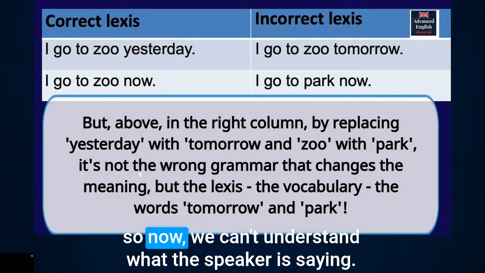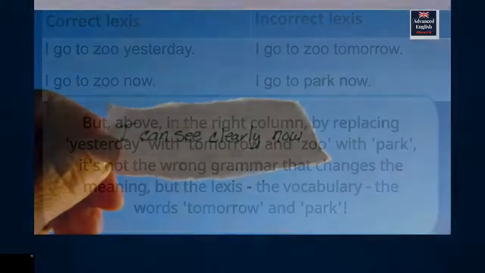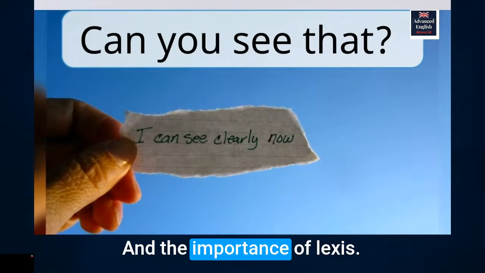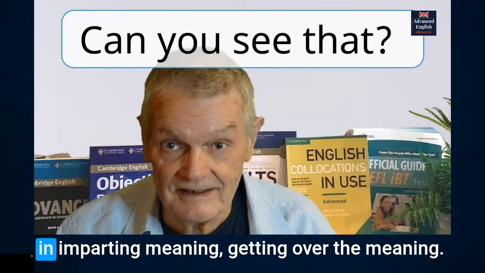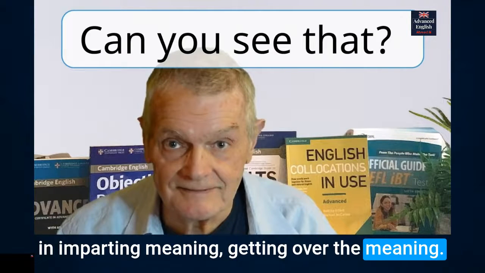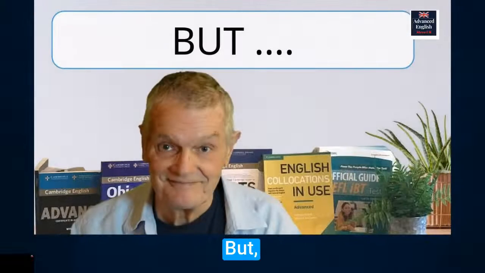So now we can't understand what the speaker is saying. Can you see that? And the importance of lexis in imparting meaning, getting over the meaning.